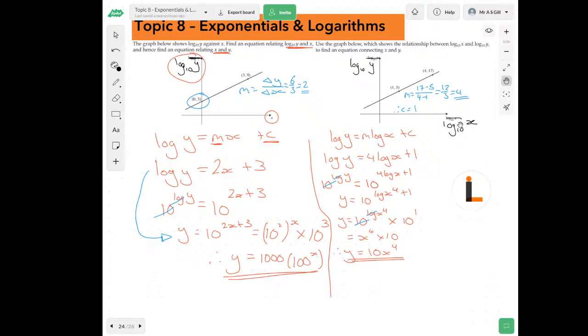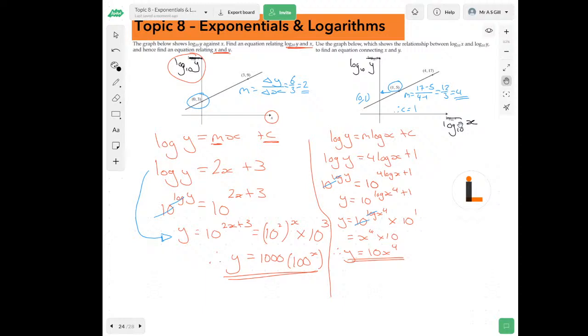Really good question, my apologies, I glossed over that one. So we found m as 4, and we've got a point here. Remember, the gradient describes our change in y as we change x by 1. So if I go left by 1 to get 0, my y value is going to decrease by 4 because my gradient's 4.